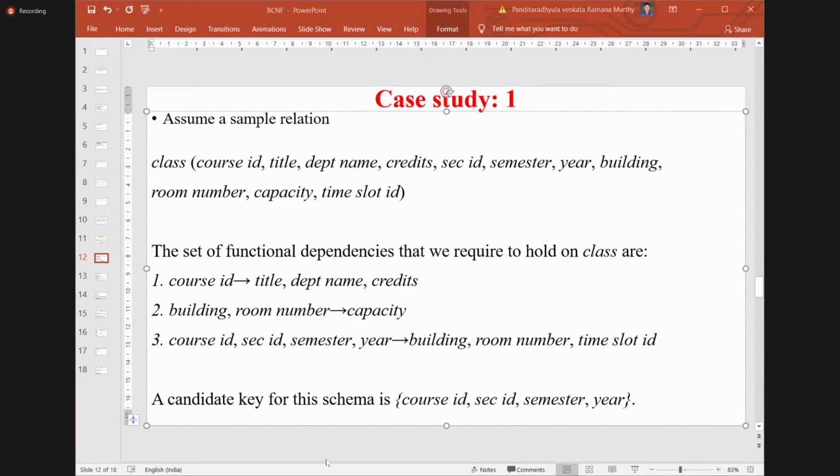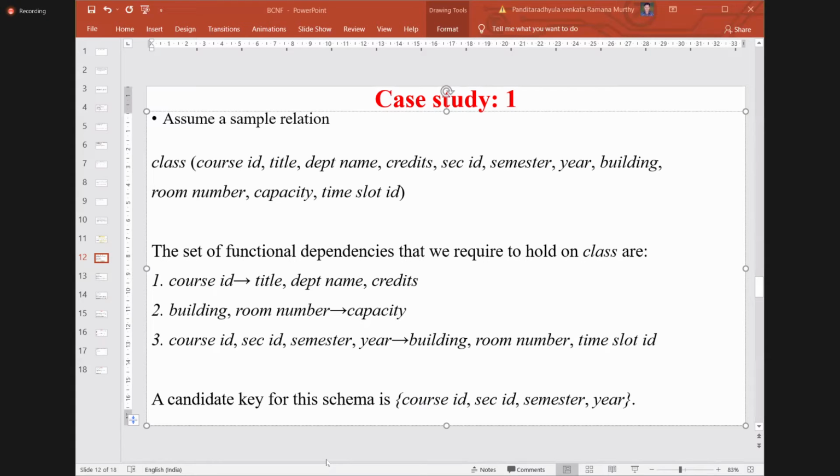Now we need to say whether the particular table is in the first normal form or not. Is it in the first normal form? Each and every column is atomic, no doubt. As each and every column is atomic, we can say the table class, or the relation class, is in the first normal form.